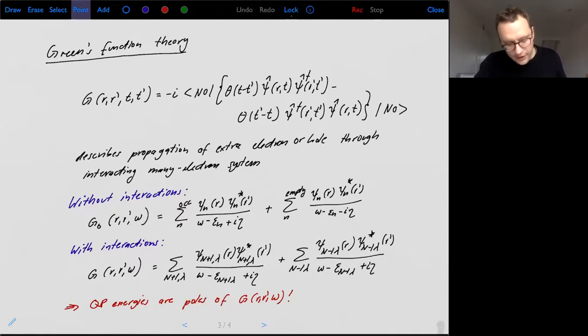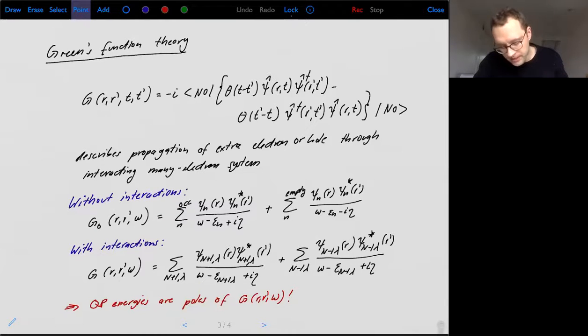We defined the Green's function using this expression, which looks a little bit complicated, but basically it describes the propagation of an extra electron or an extra hole through the material, which is an interacting many electron system.